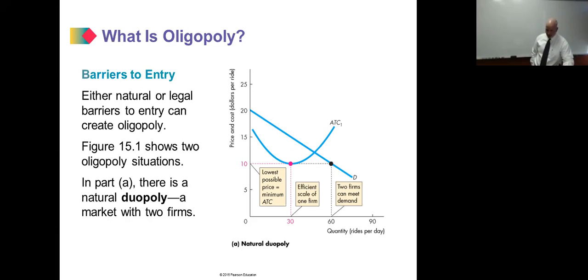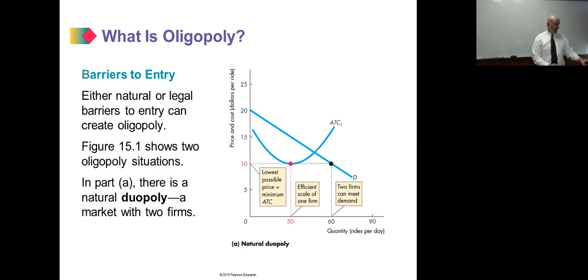What's the average total cost of producing a ride? $10. So the average total cost of producing a ride is $10, and $10 is the lowest price that a firm can charge.